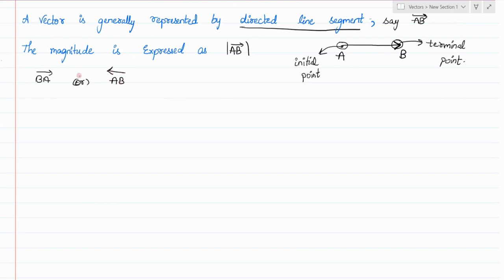Which is correct according to you? Think. Which is correctly represented? Obviously, this one, because I already told you the initial point will come first and next the terminal point will come. So we are talking about BA. B is the initial point over here and A is the terminal point. So it's written like this.